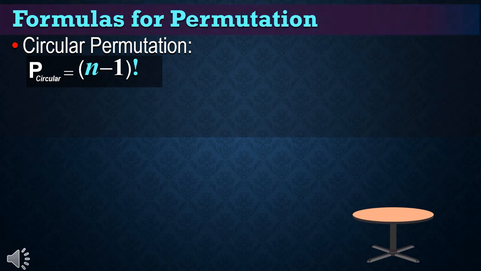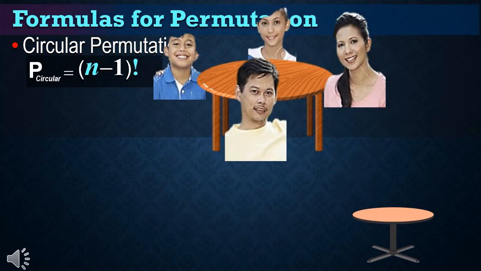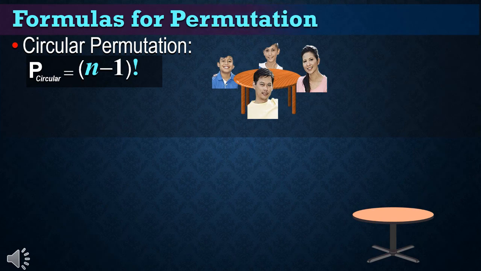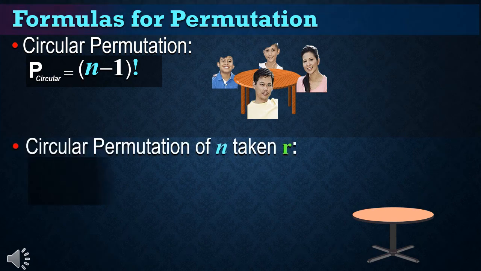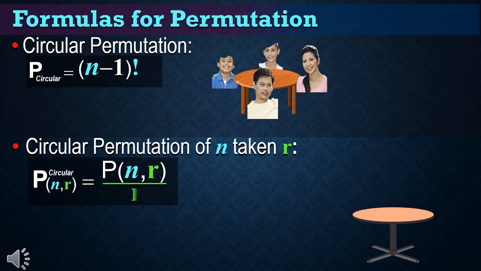Another, we have circular permutation, and that is permutation equals the quantity of n minus 1 factorial. We have also circular permutation of n taken r, and that is P(n, r) divided by r.